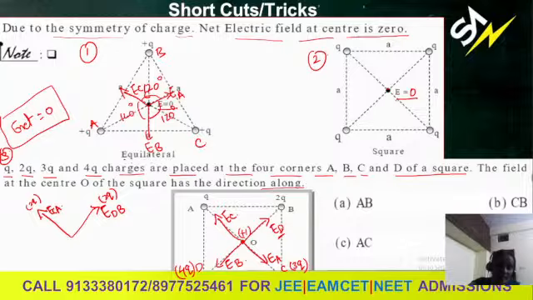ED direction is like this. So finally the resultant of ECA and EDB will be in this direction. Which direction is it? This direction, it is along CB. So the option should be along CB. So at O of the square, the net electric field direction finally will be along CB.